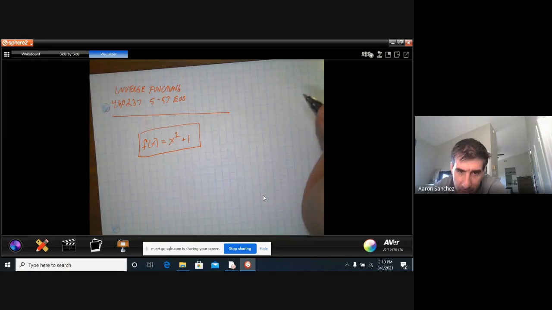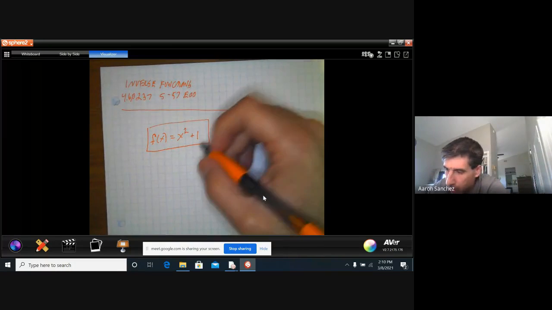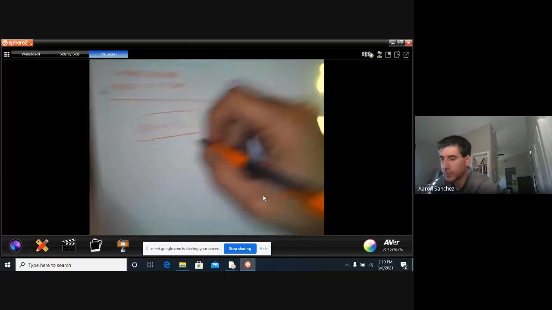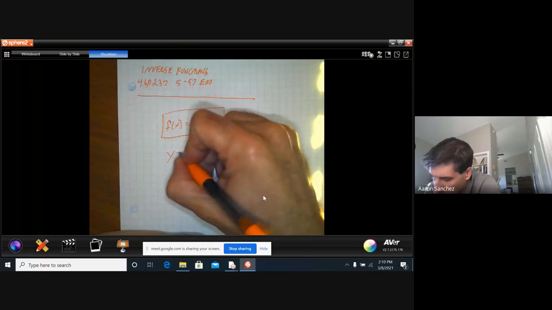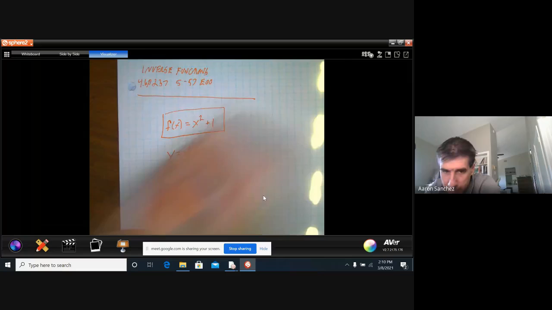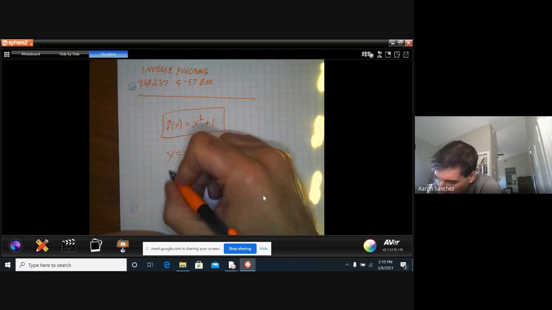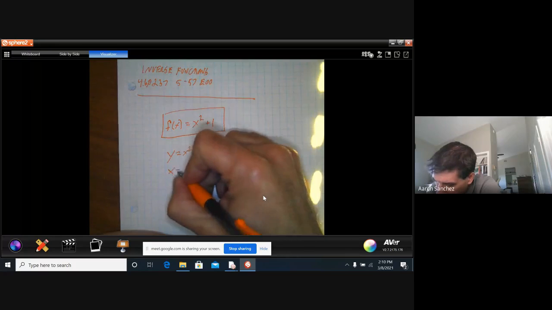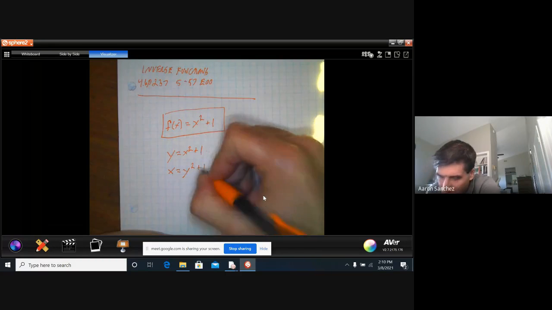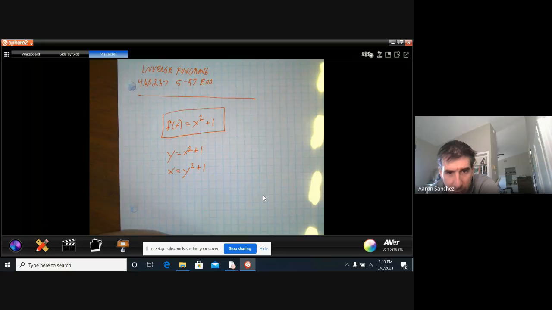Instead of writing f of x equals x squared plus 1, we are going to write y equals x squared plus 1. Now what we're going to do is switch the x and the y and say x equals y squared plus 1. And then we solve for y.